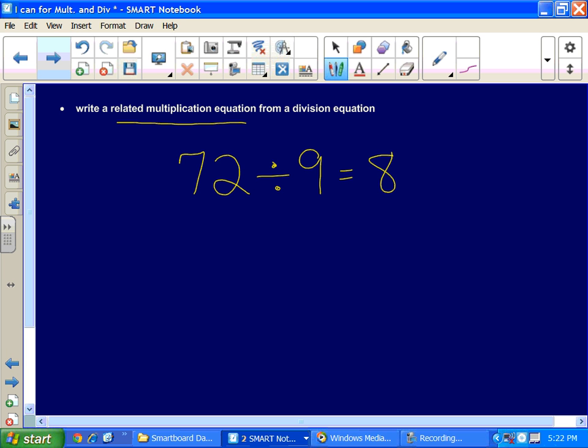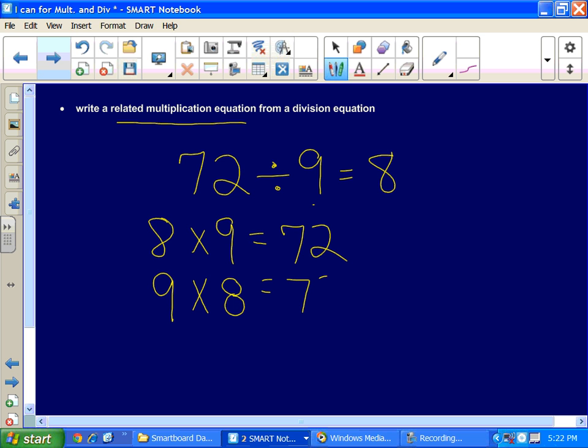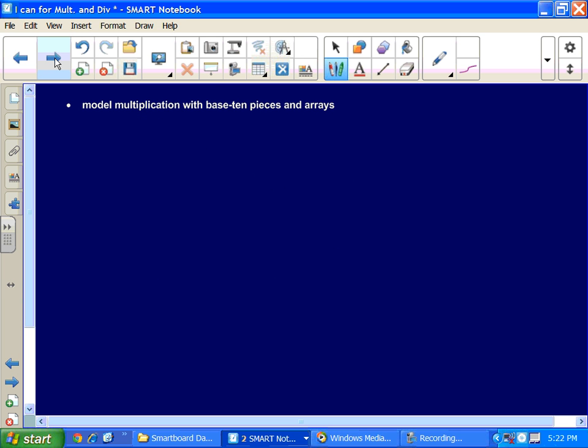Okay, hopefully you paused it. So, fairly simple, we're working backwards. So if 72 divided into 9 equal groups equals 8 in each group, then if I take 8 groups, put 9 in each group, I'm going to get a total of 72. Or you could have also written 9 groups of 8 was also equal to 72. Okay, fairly simple.